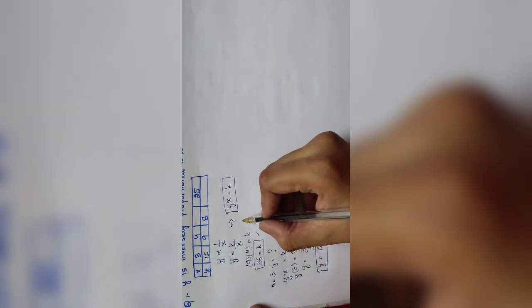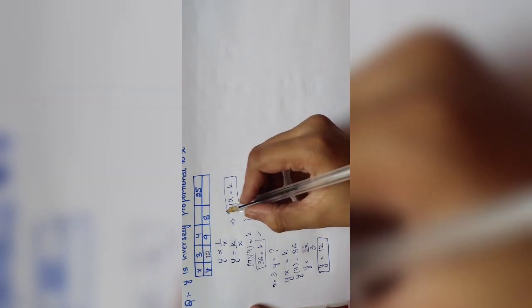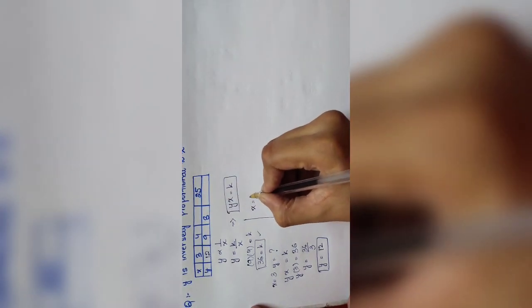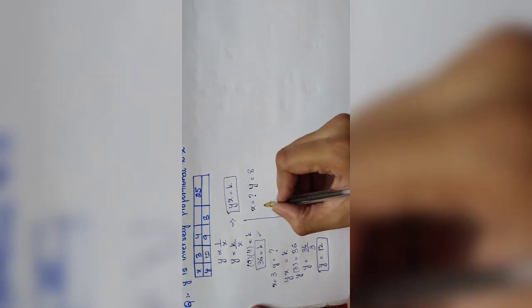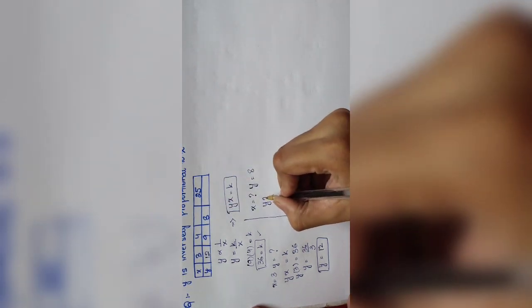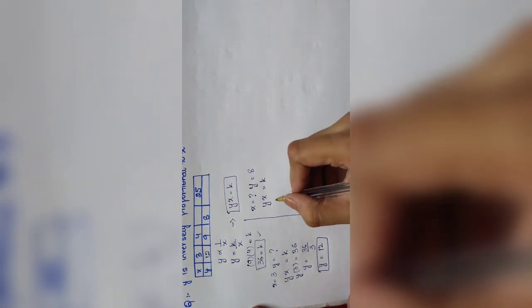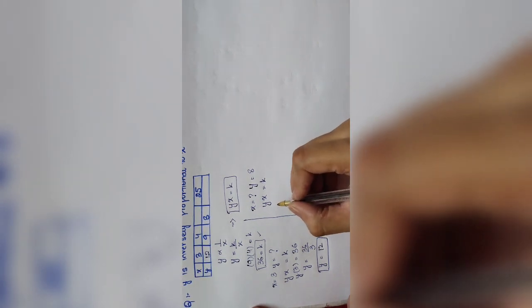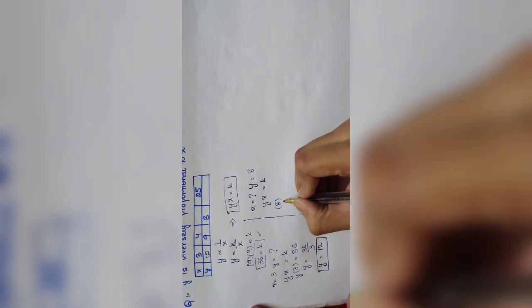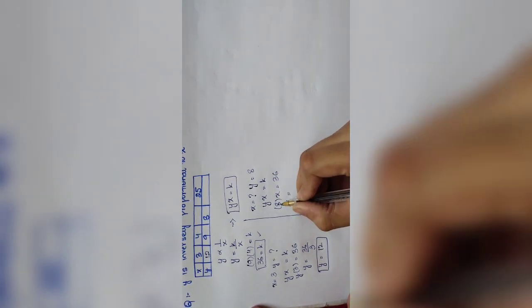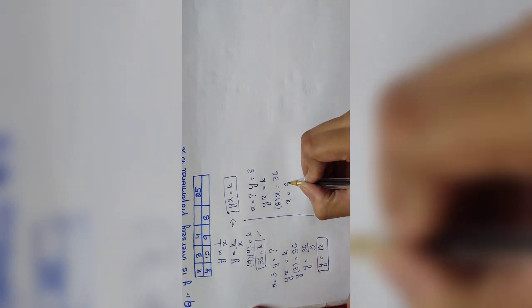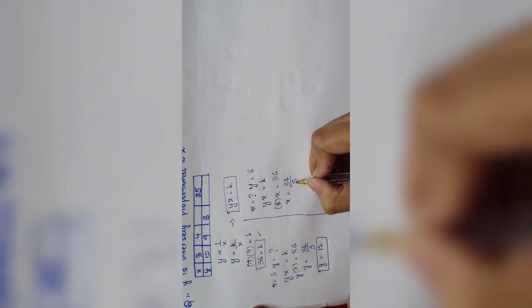Okay, next what we will do, we have to find the value of x. X is unknown, y is given 8. What we will do, y into x is equal to k. We have to write the equation, then put the values in it. Eight is multiplying here, when it goes on the other side it will be divided.